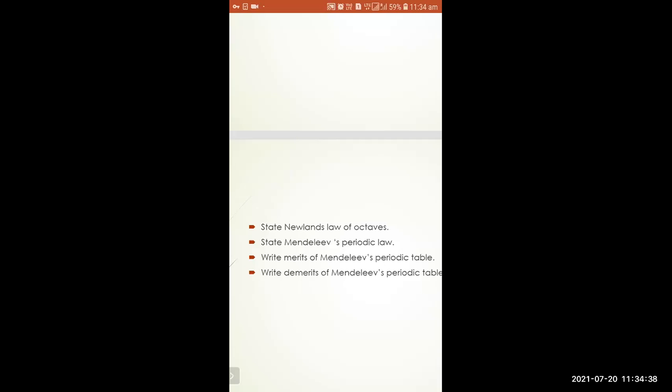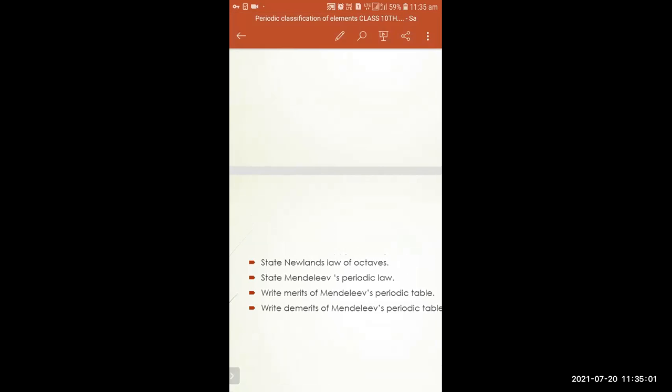And ma'am, one more merit of Mendeleev's periodic table is that he left places for Eka boron, Eka silicon, Eka aluminium. After that, they were discovered. See, he had given the names Eka boron, Eka aluminium, and Eka silicon.